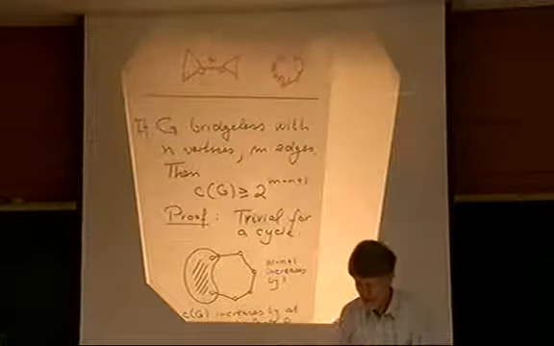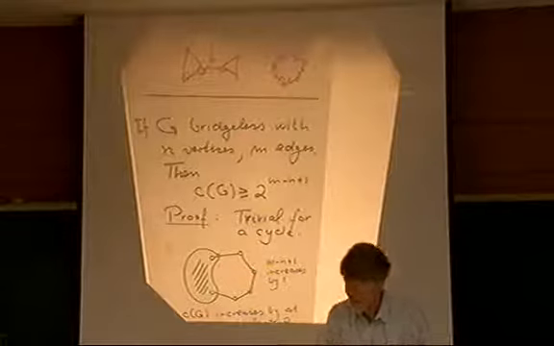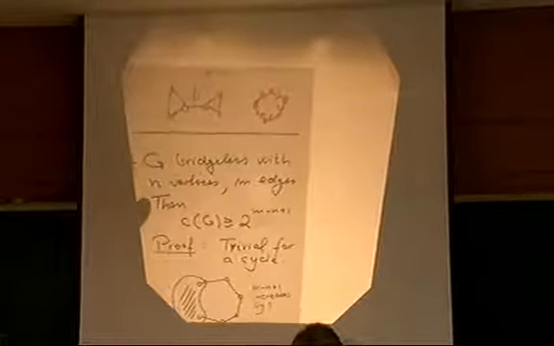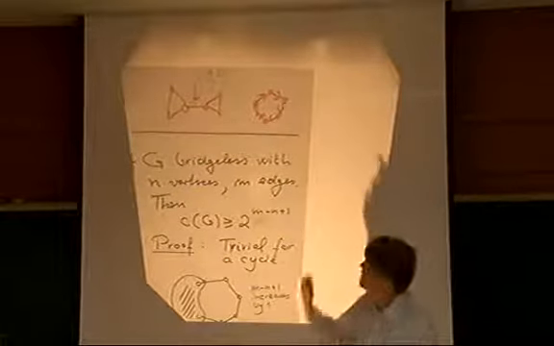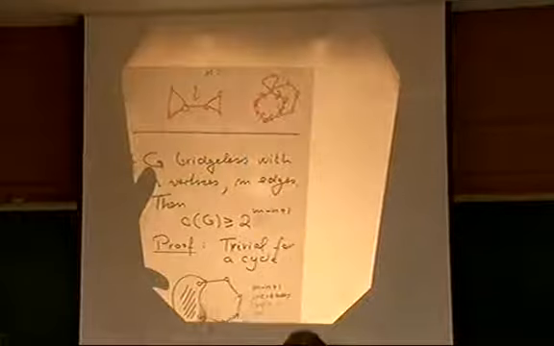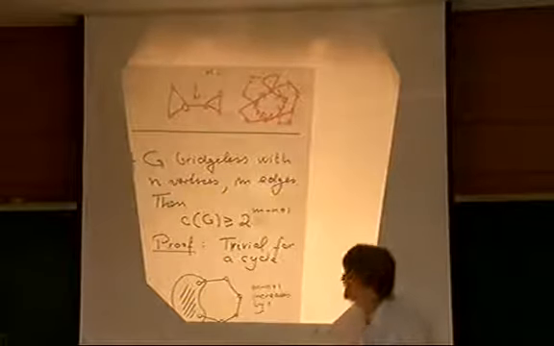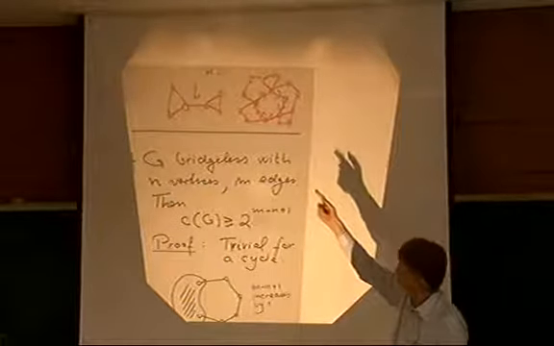When we don't have a cycle, now we are going to use induction. If you have a bridgeless graph, which is not a cycle, then it can be obtained from a cycle by the following operation. You add a path, which could be a cycle. It's clear when I do this operation.